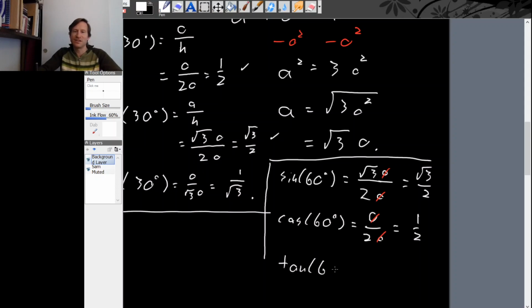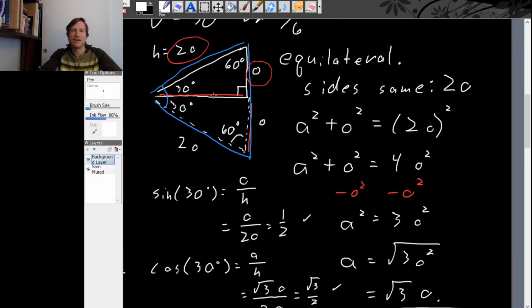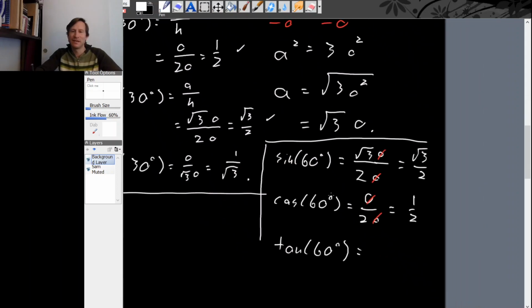And tangent of 60 degrees is the side opposite, which is root 3O, divided by the side adjacent, which is O. So root 3O divided by O, and then simplify. So this is the square root of 3.